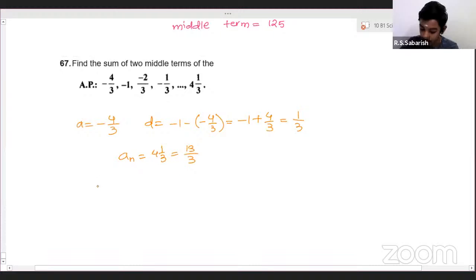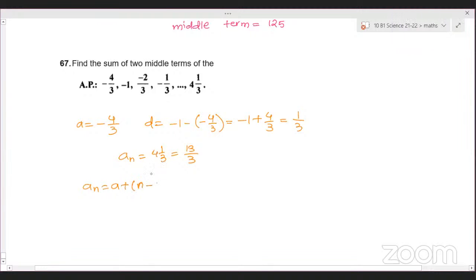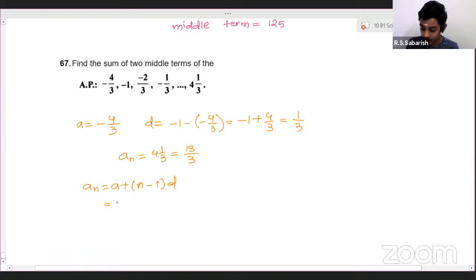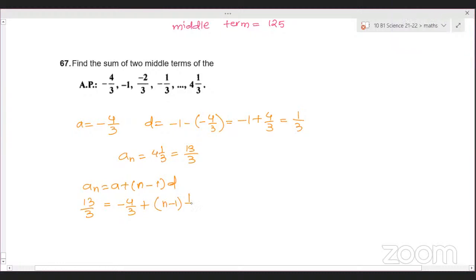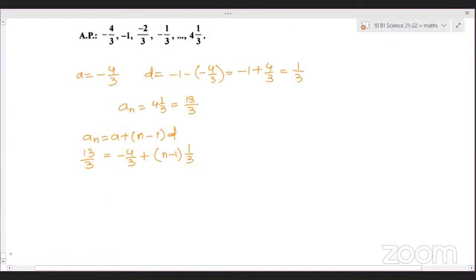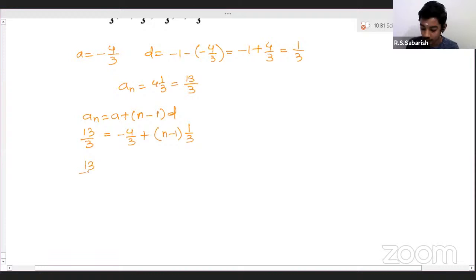And A of n is equal to A plus n minus 1 into D. So 13 by 3 is equal to minus 4 by 3 plus n minus 1 into 1 by 3, right? So 13 by 3 plus 4 by 3 is equal to n minus 1 into 1 by 3.